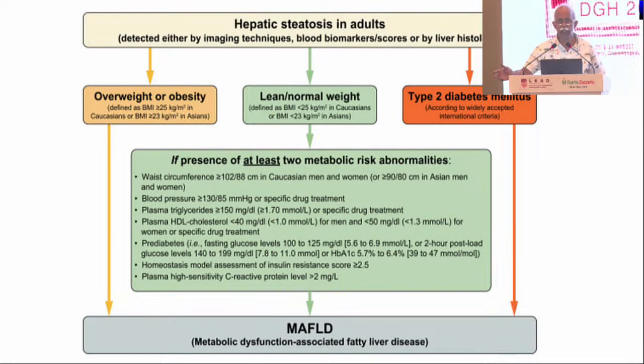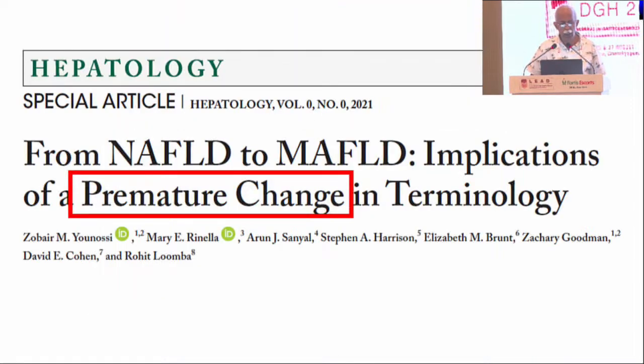From where they got the list of the 7 factors, I don't know. I don't think there is a scientific basis for this. But anyway, these days in the race for publishing, a lot of unscientific things get published. So even then, if you have 2 of 7, then that qualifies as MAFL.